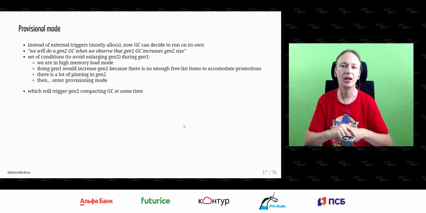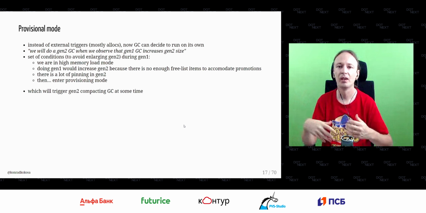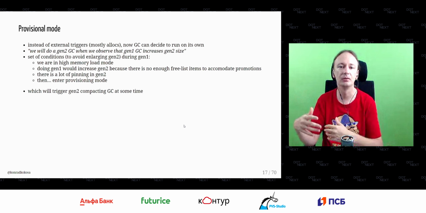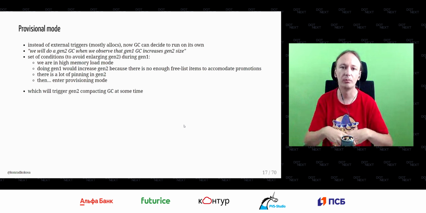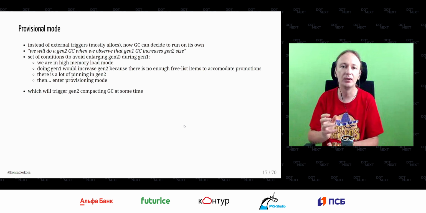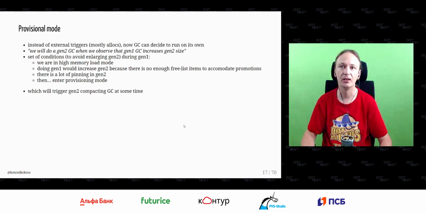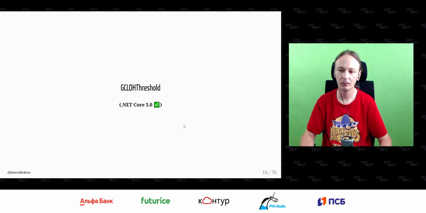So this is a very nice scenario that helps to fight fragmentation, especially in containerized scenarios when this Gen 2 is not too big, but we have this fragmentation, which introduces a problem. Doing that helps to make the GC more aggressive and better utilize the limited resources.